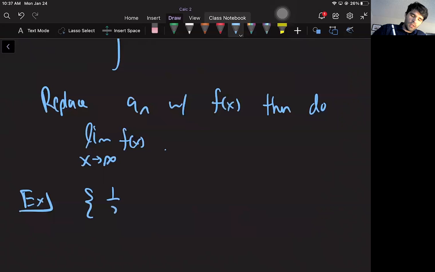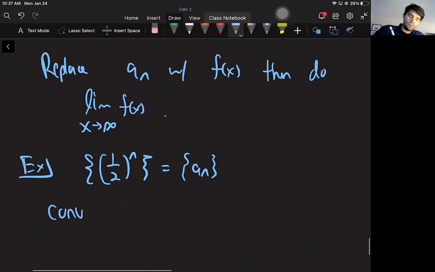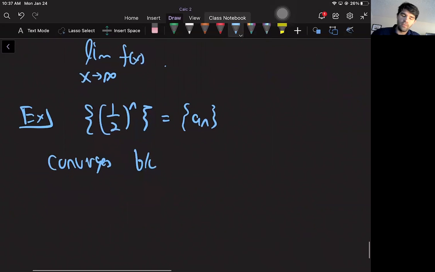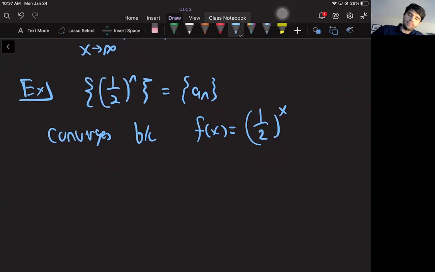So let's do something like this. Here I'll just skip ahead and give you the formula for a_n instead of making you work for it. And then, why does this converge? It's because if you look at the function (1/2)^x instead of the sequence (1/2)^n, that converges.